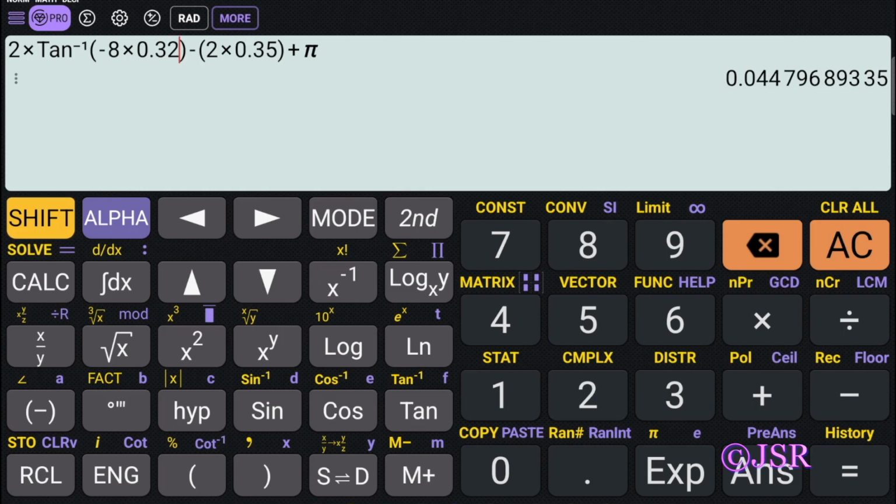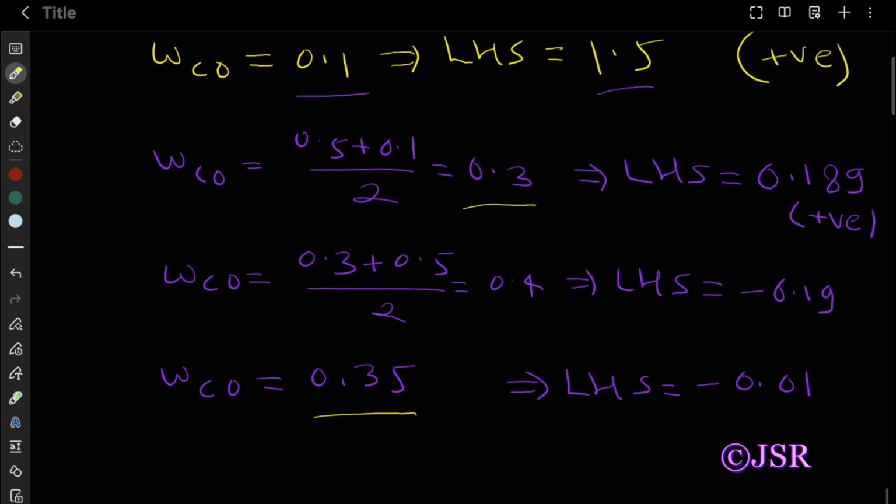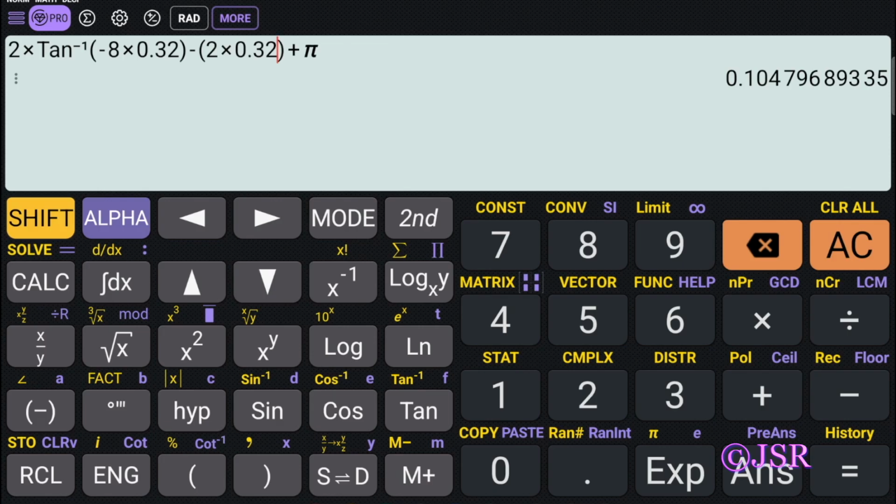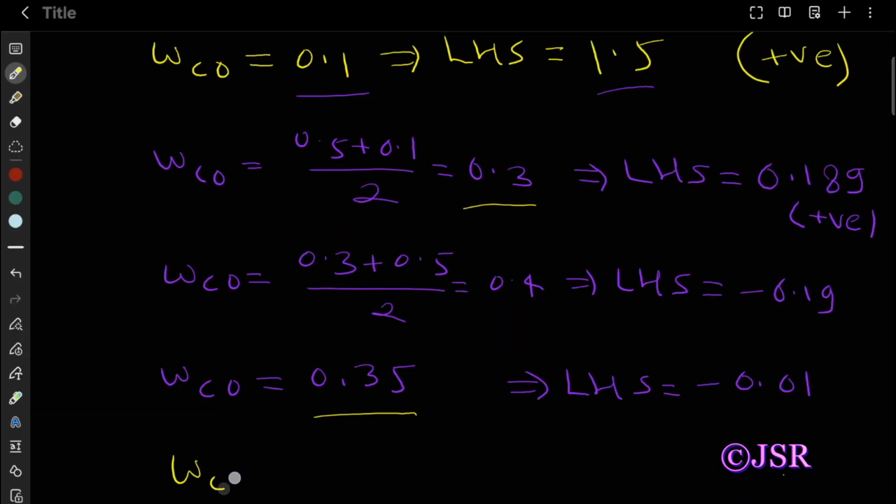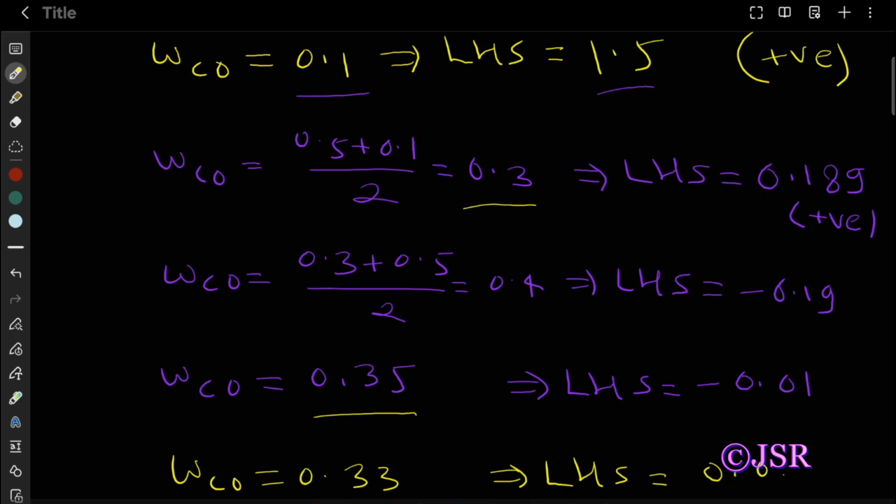Using trial and error, let's assume omega CO equal to 0.32. Again we are getting positive. At 0.3 we are positive. Now when omega CO is equal to 0.33, the function value is equal to 0.06.